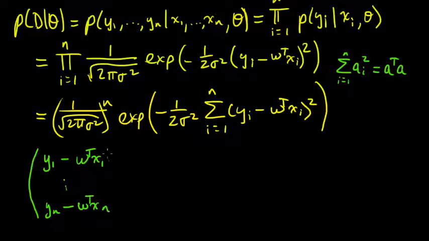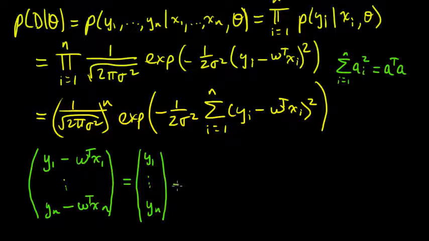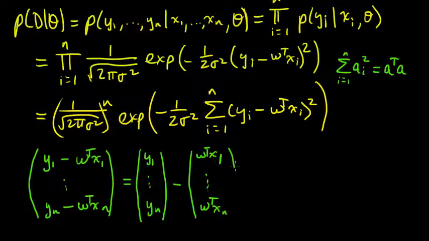We just put these into a column vector. And this equals, we can break off the y part and the other part, the w transpose x part: w transpose x1 down to w transpose xn.